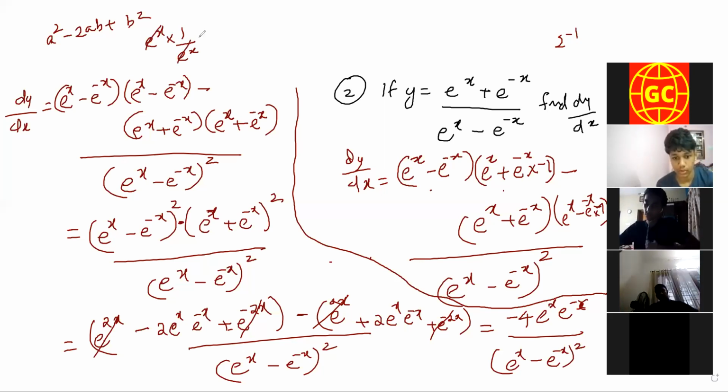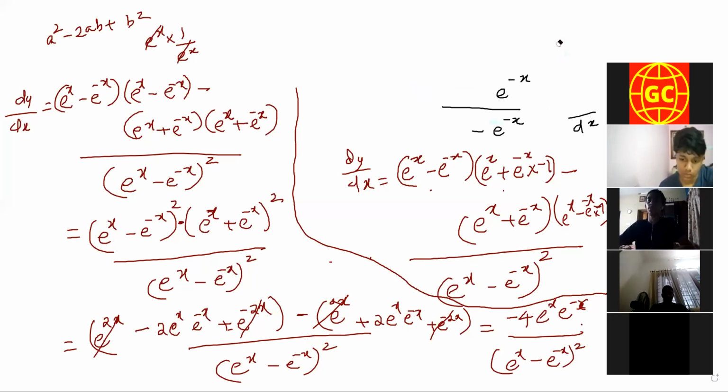So this and this will go. So you'll get 1. So your answer will be minus 4 by e raised to x minus e raised to minus x the whole square.